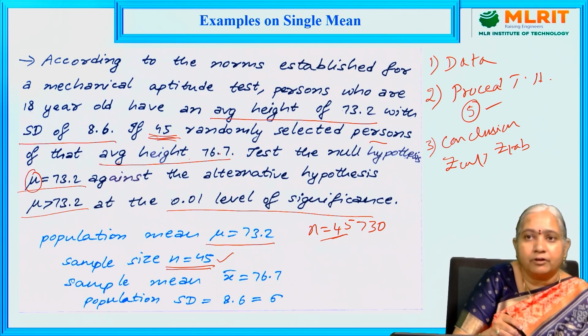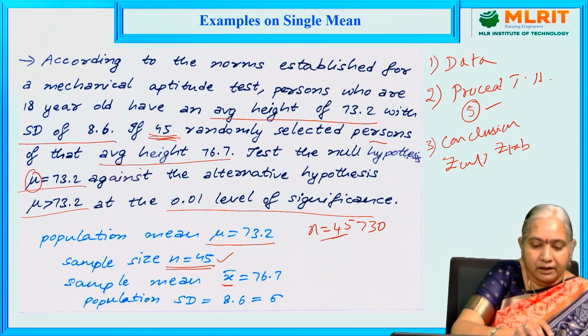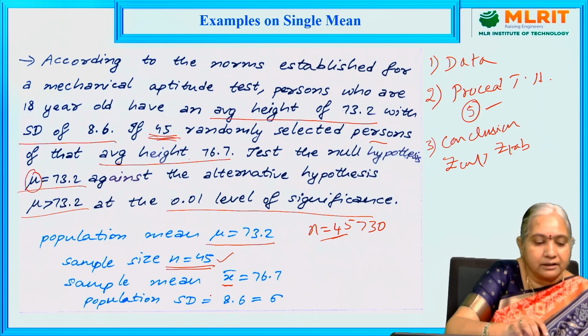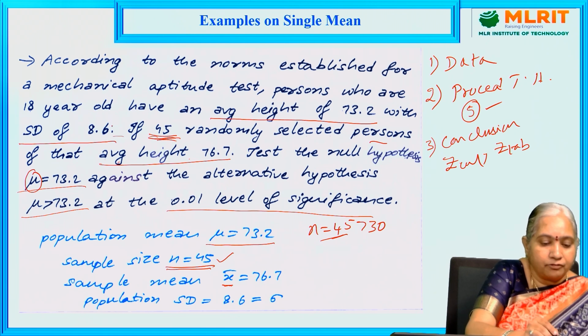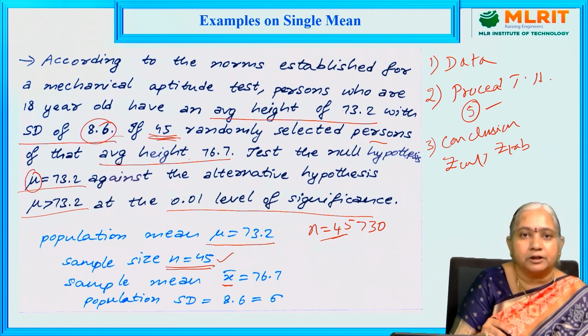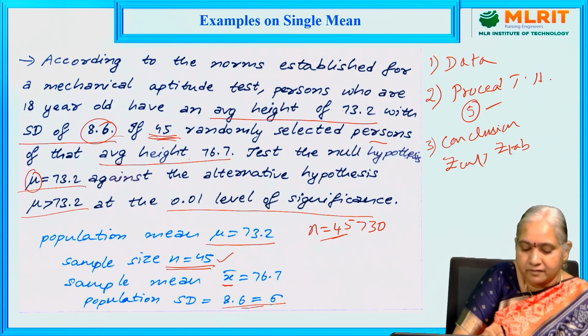The sample mean is denoted by x bar and is 76.7. The population standard deviation is also given, sigma equal to 8.6.